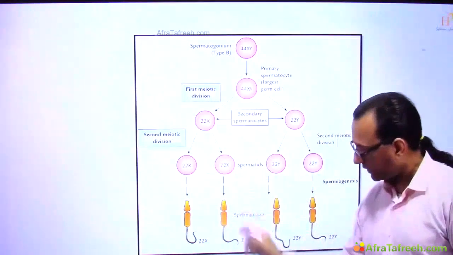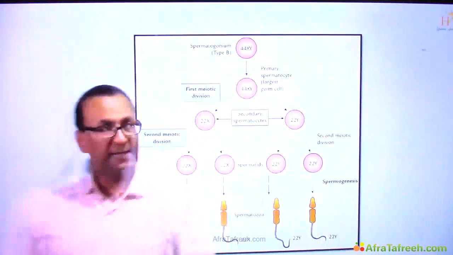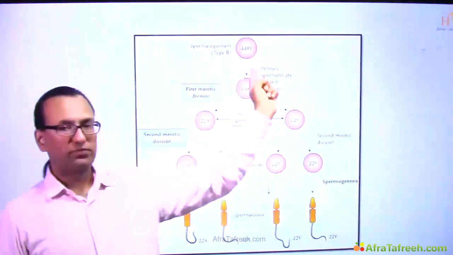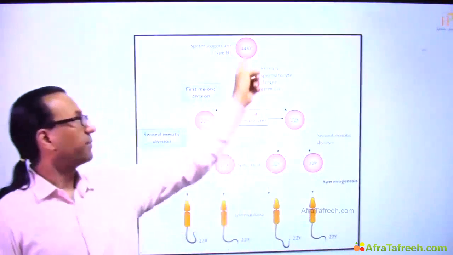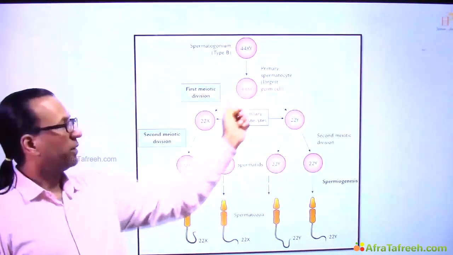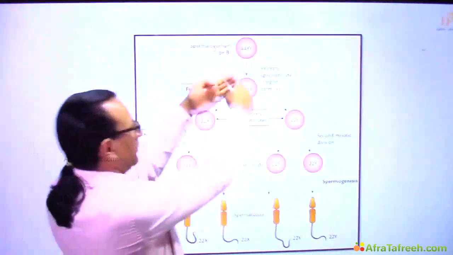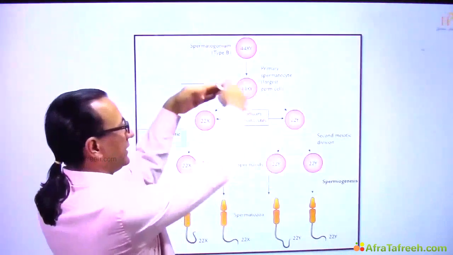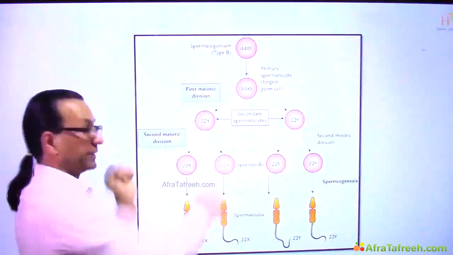And these spermatids will form the sperm. The spermatogonium forming the sperm takes 74 days. That is the point. The largest cell is the primary spermatocyte. Here, the homologous chromosomes are separating, and here the sister chromatids are separating.